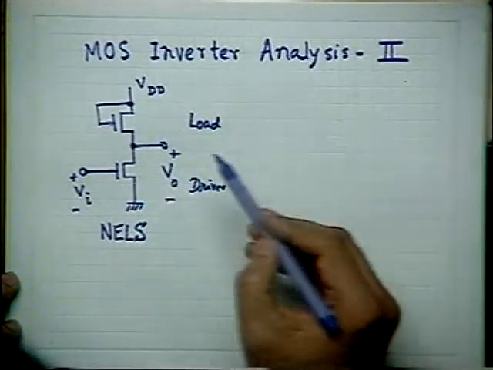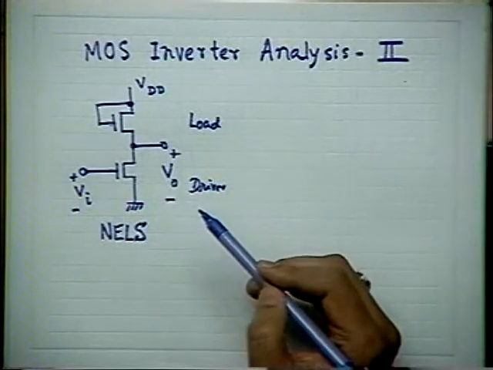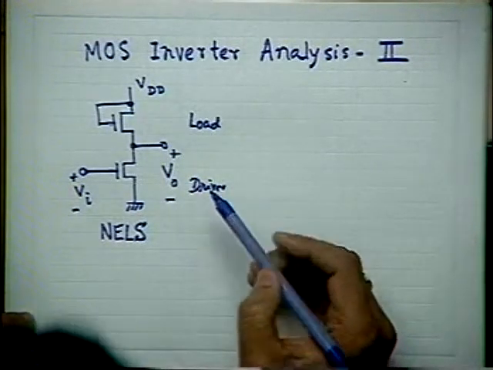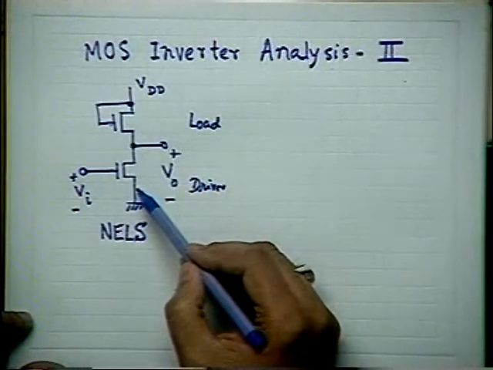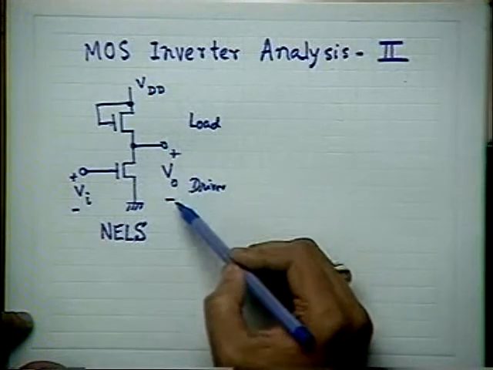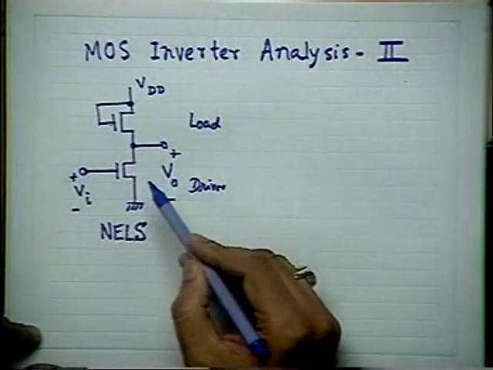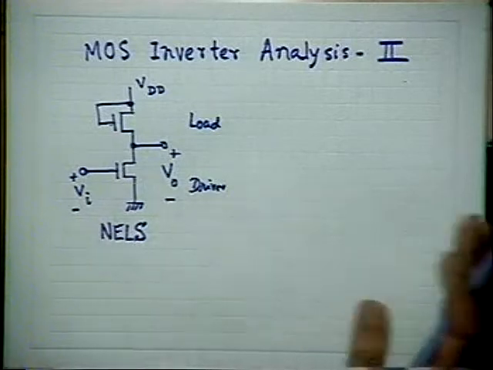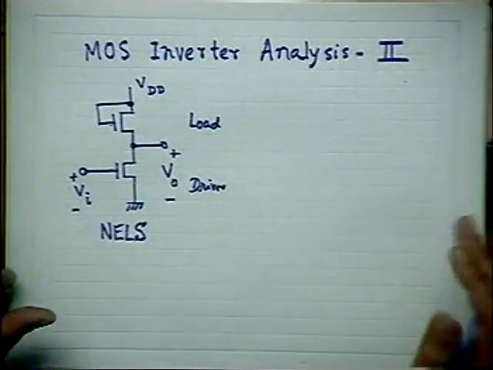Whereas when the output voltage is near zero, this transistor then passes into linear region. When output is low, this VDS is low, so it goes into linear or non-saturation region, and we have to write down the corresponding equations for load current.